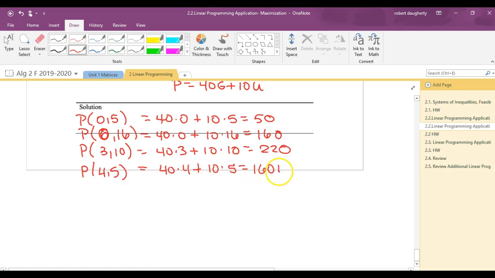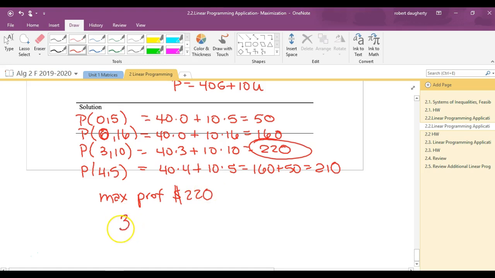That's 160 plus 50 equal 210. So here's my maximum. I have a maximum profit of 220, and that comes from making 3 glazed bird baths and 10 unglazed bird baths.